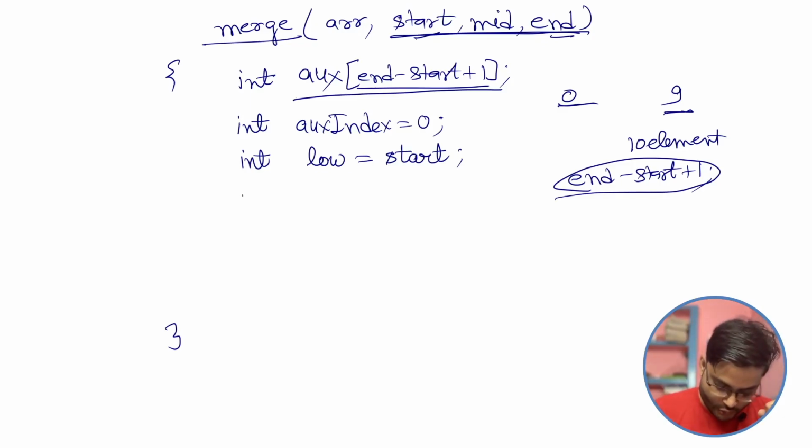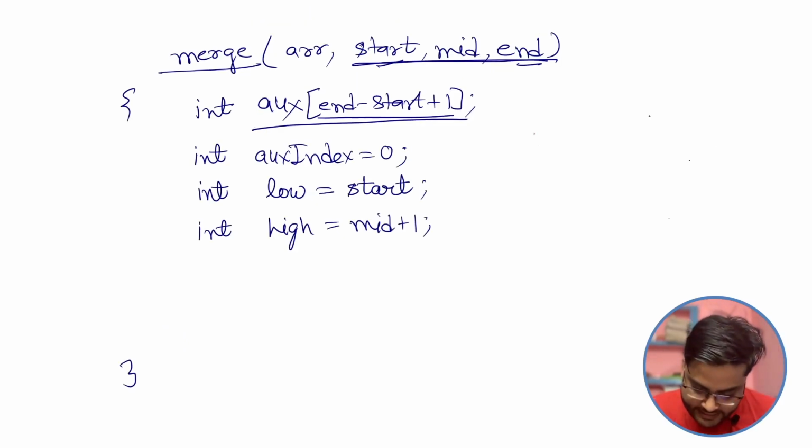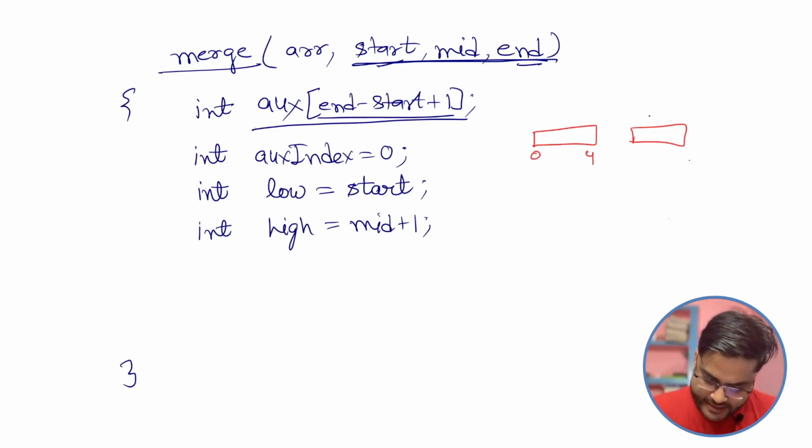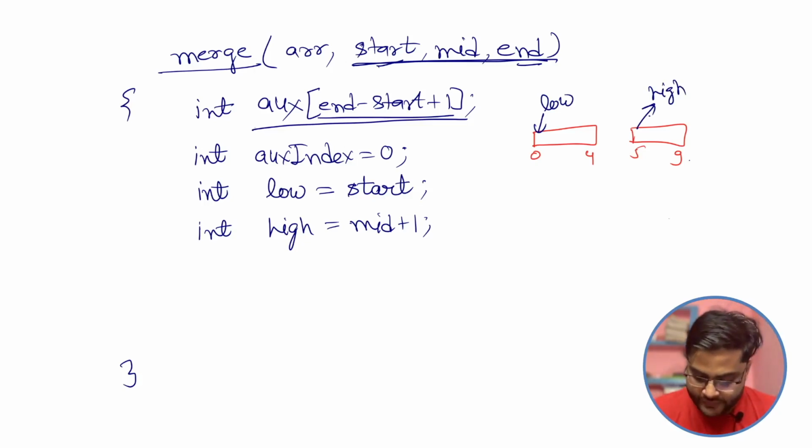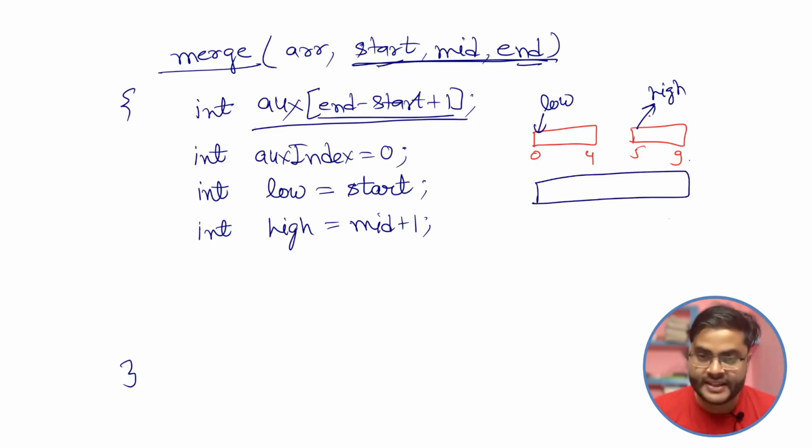So int high equals mid plus 1, right? You can understand it like we have this sub array, which is from 0 to 4, and this is from 5 to 9, right? So this is our low, this is our high. And we want to store the result in our auxiliary array.